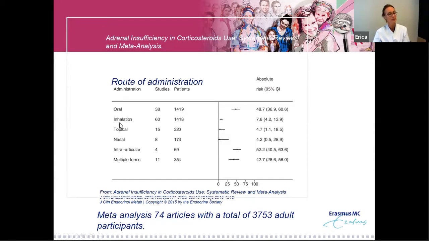insufficiency. For example, by inhalation, most inhalation corticosteroids, in the case, for example, in asthma, most patients do not have systemic effects and do not have adrenal insufficiency.